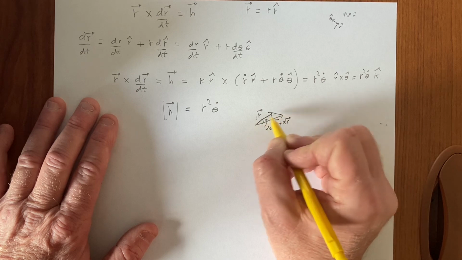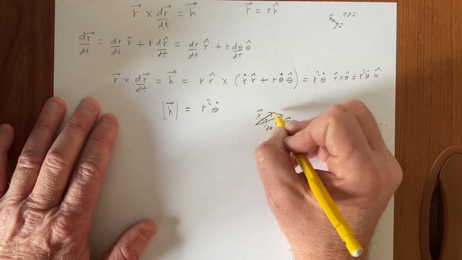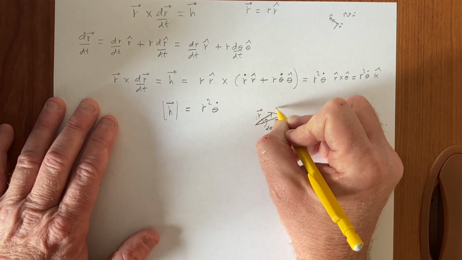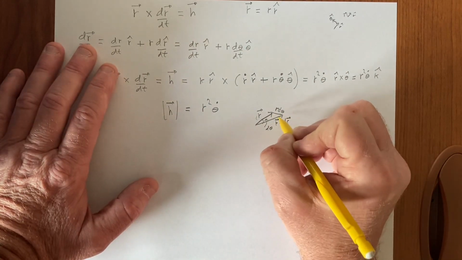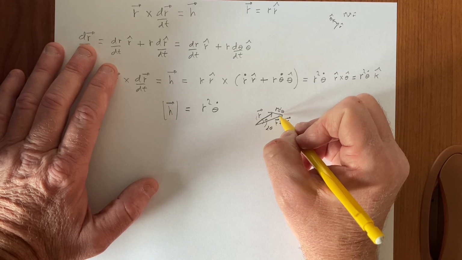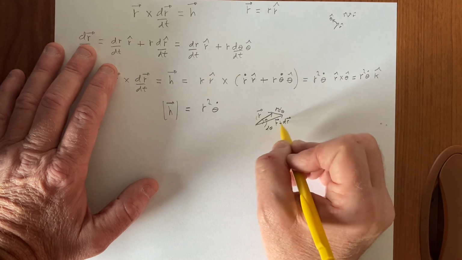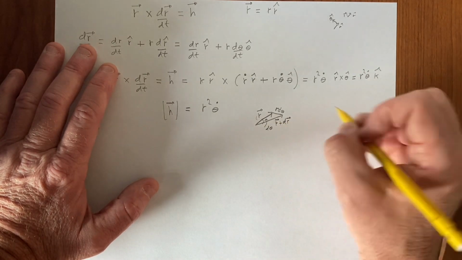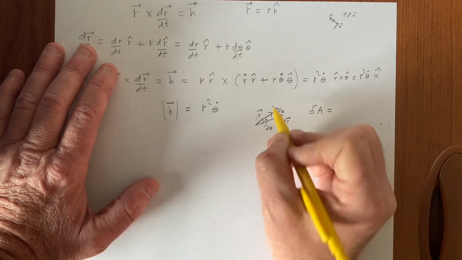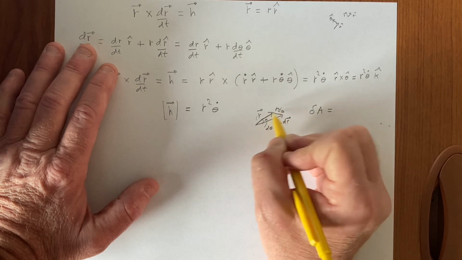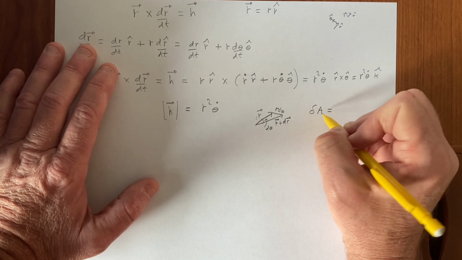That's the area we're considering, and this is like r d theta. That's not quite r d theta, but in the limit that dr goes to 0, the change in the area, delta A, is equal to the infinitesimally small area that's here as these things go to 0.